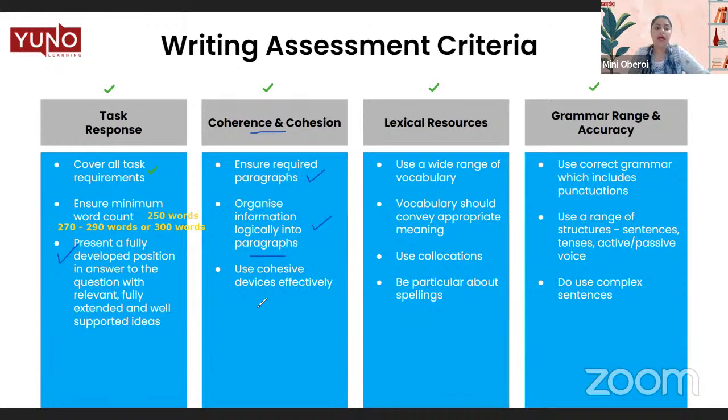Next, remember that whatever essay you write, you should use cohesive devices. We must use linkers, or should I say linking words, such as however, on the contrary, conversely, on the other hand, right?